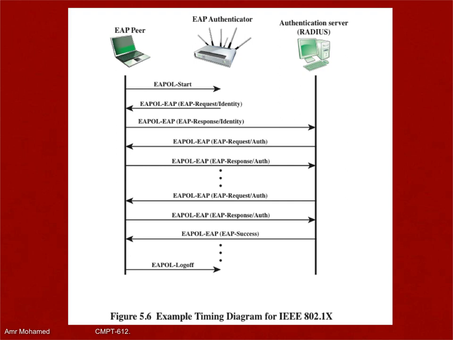So this is the EAPOL start, which goes from the EAP peer to the authenticator, and then we exchange the EAP messages. Which means that you have the EAP header, which encapsulates inside it the EAPOL header, right? Didn't we put the frame like this at the beginning?